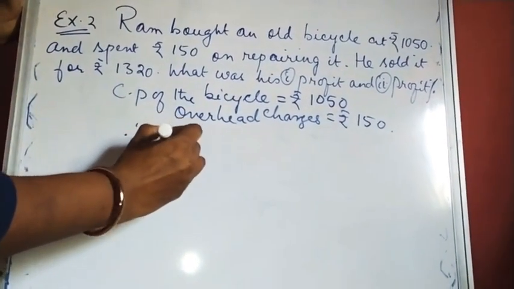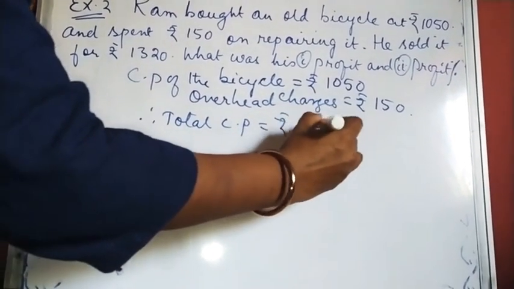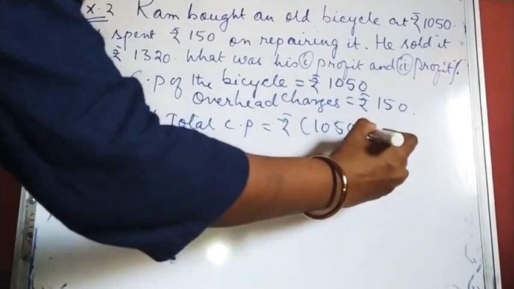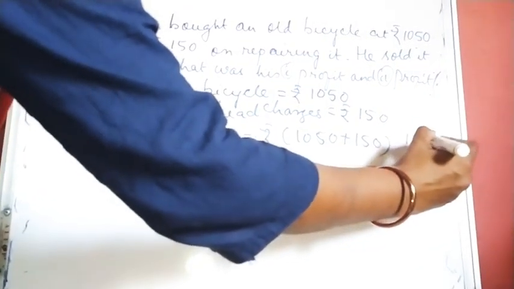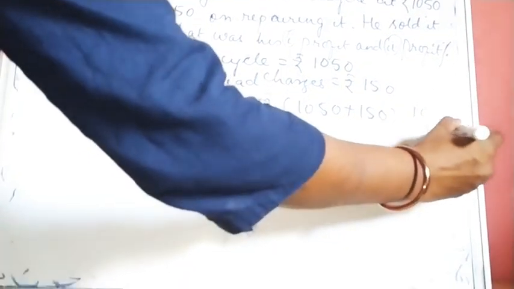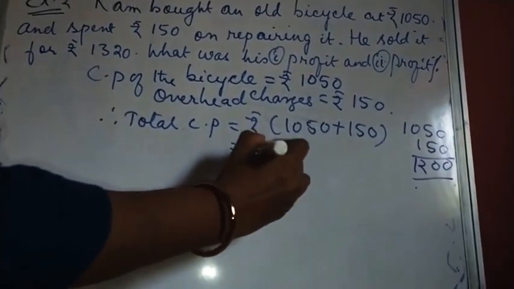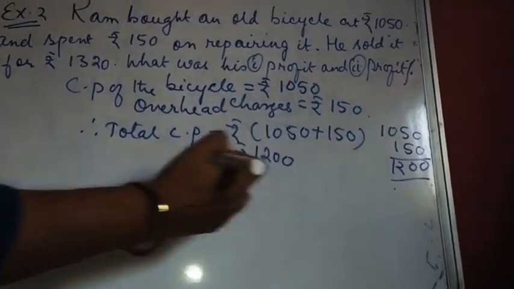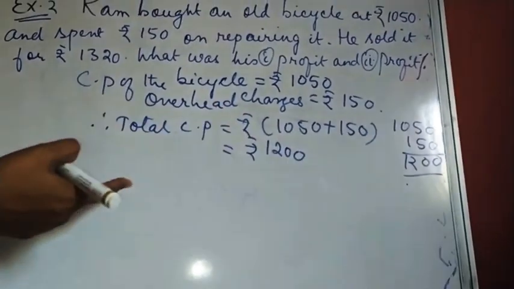Therefore, the total CP is equal to rupees 1050 plus 150. So let us do it here. 1050 plus 150 is equal to rupees 1200. So the total cost price is equal to rupees 1200.